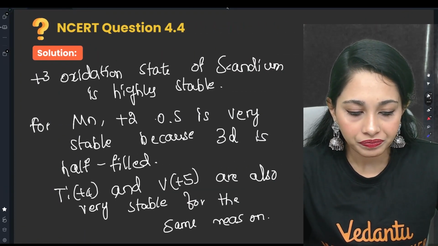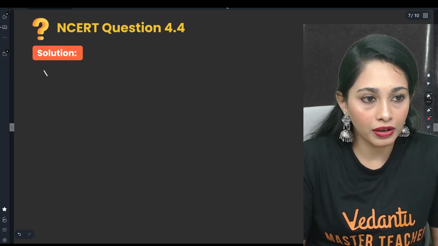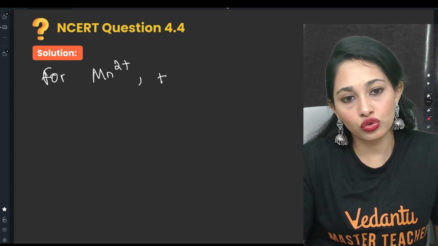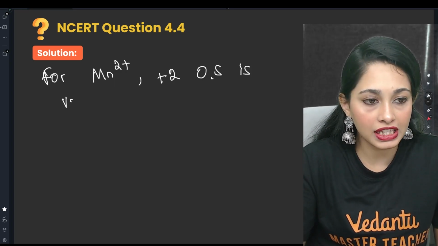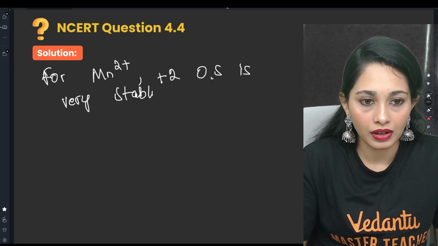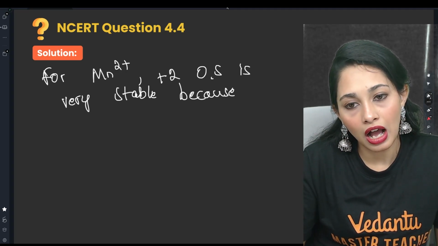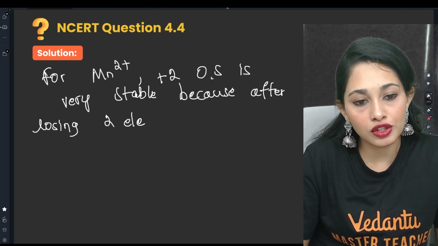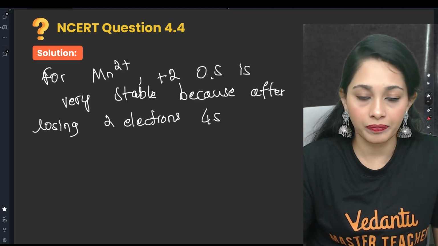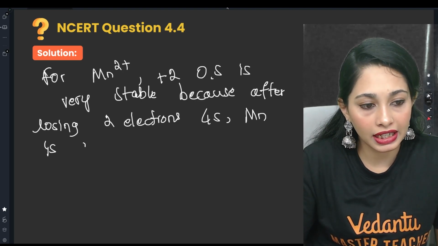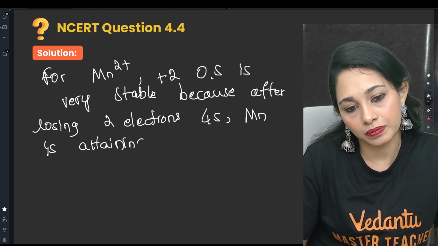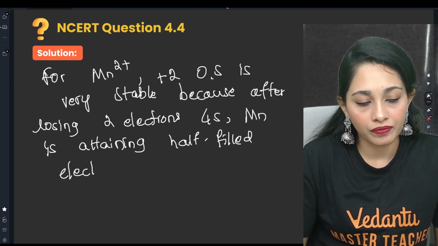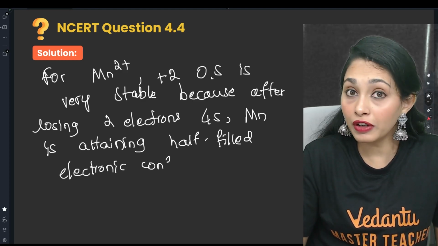So what happens here? For manganese 2+, +2 oxidation state is very stable because after losing 2 electrons from 4s, manganese is attaining half-filled electronic configuration, 3d5.